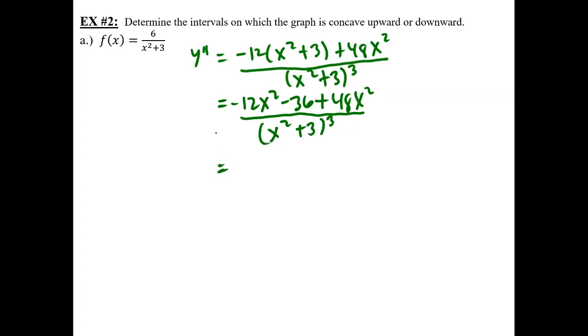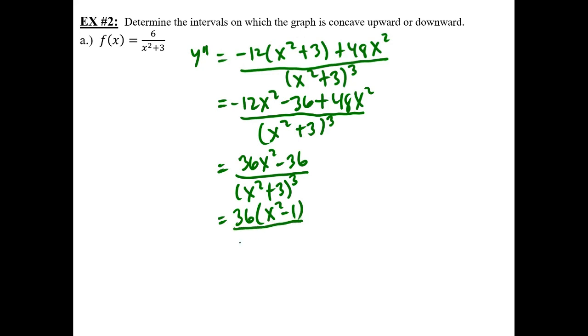Okay, simplify again. 48 minus 12 is 36x squared minus 36 all over the denominator, x squared plus 3 cubed. Factor out 36: 36 times x squared minus 1 all over x squared plus 3 squared. Now, for the critical points, we only take the numerator.